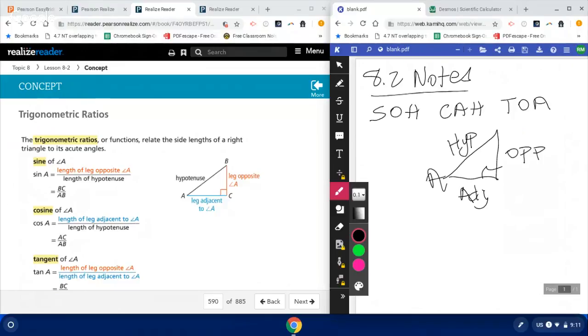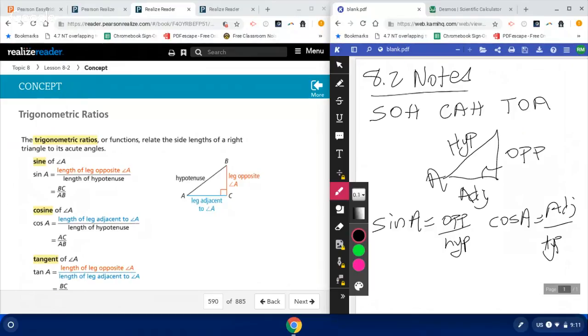From that angle A, sine of A equals opposite over hypotenuse. Cosine of A equals adjacent over hypotenuse.